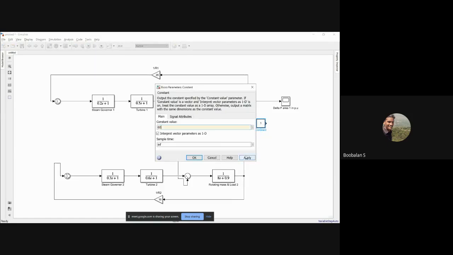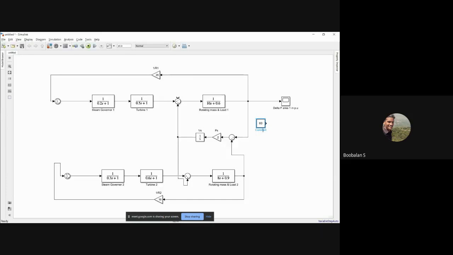Base frequency is 60 for the whole system. Both areas are commonly running at about 60 hertz. This base frequency should be multiplied with my per unit value. Then it will give you the change in frequency.